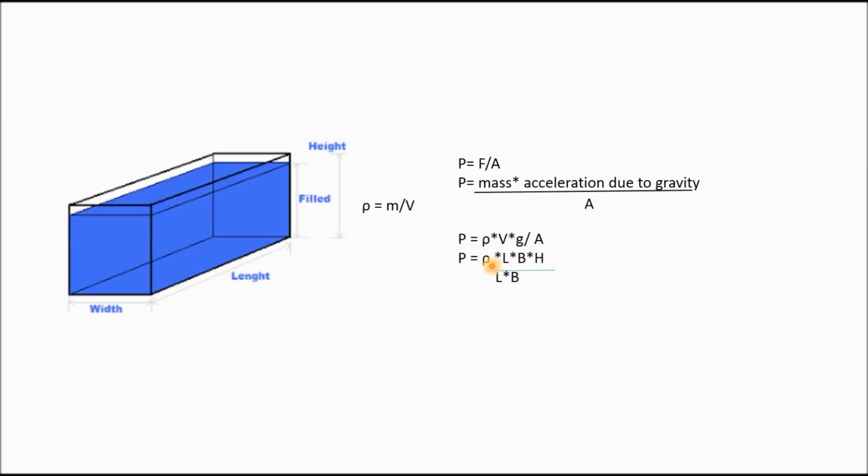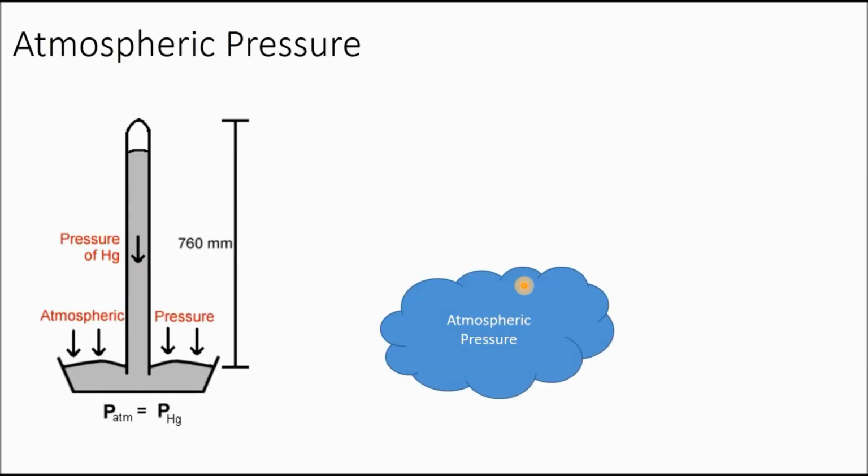The volume is length, breadth into height, divided by area, which is length into breadth. L and L cancel, B and B cancel, and now we get the equation P is equal to rho gh. Even we can convert from P is equal to F by A to P is equal to rho gh as well.